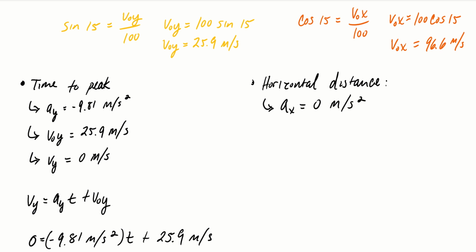Once it's launched, its velocity in the x direction is constant. I know that my initial velocity in the x direction, because my velocity is constant, is equal to any velocity in the x direction during flight, which is 96.6 meters per second. We calculated that up here.